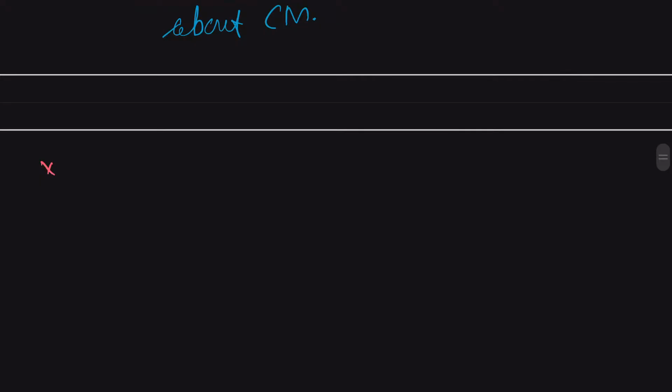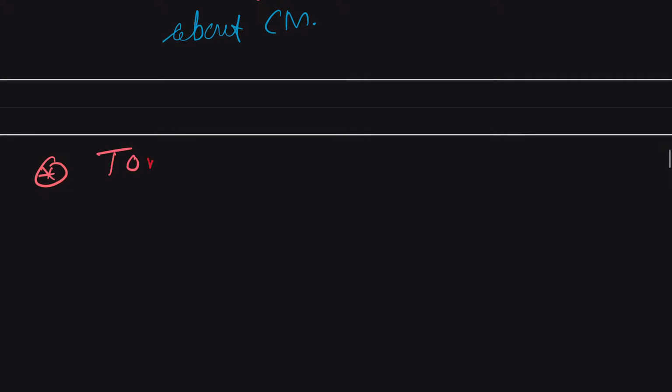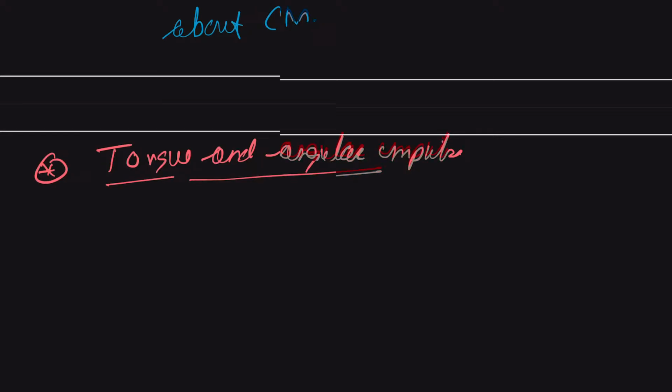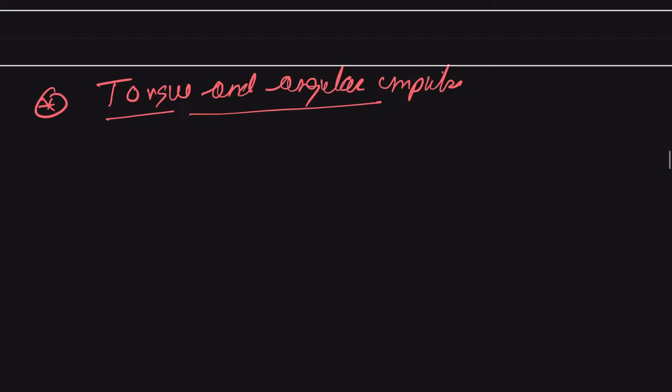So let us start by using the torque and the angular impulse concept. There will be the frictional force, let us call this F of t, that is going to produce a horizontal impulse and torque about the center of mass.